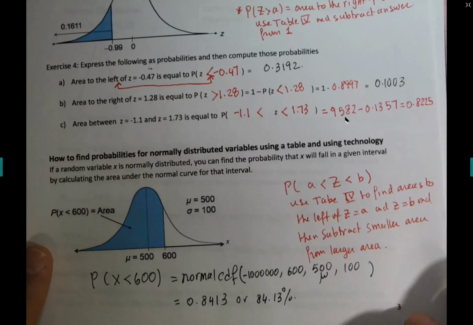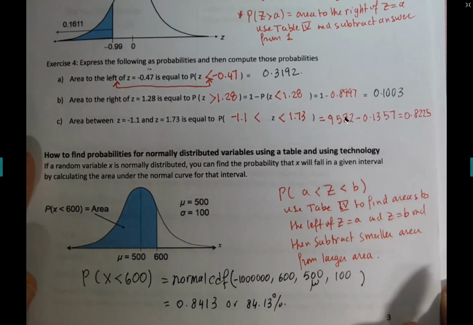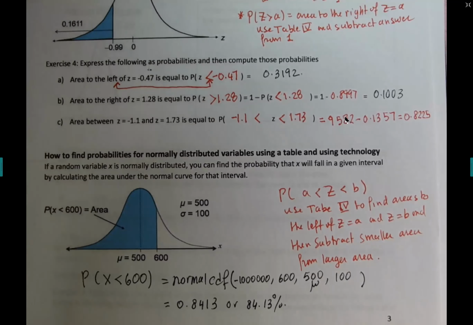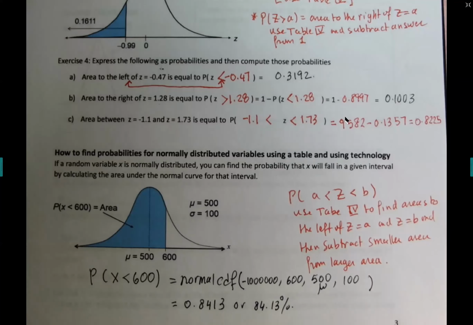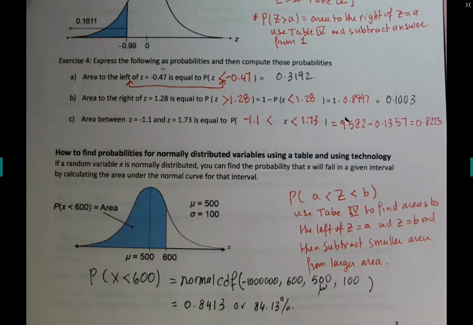I will share this handout with you guys as well once we're done with it. So remember, this is X. When it is Z, you must have 0, 1 in here.